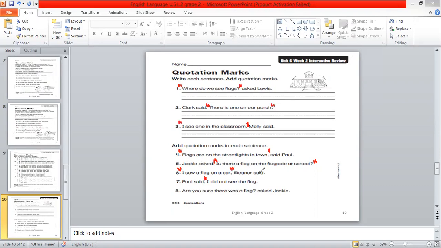This is the correct position, and after the period. Number 8, are you sure there was a flag? Asked Jackie. So I'm going to write the quotation mark here and after the question mark. Okay, is it clear? Now we are going to flip the page.